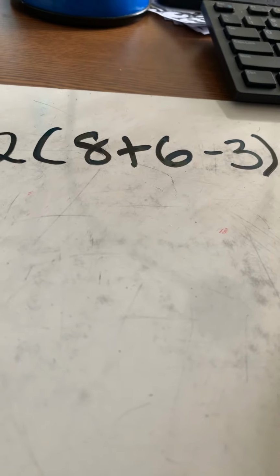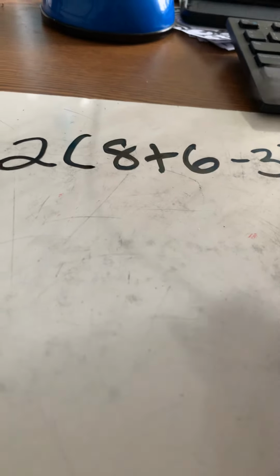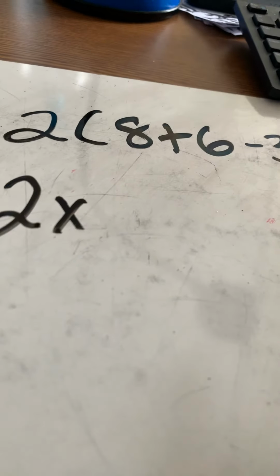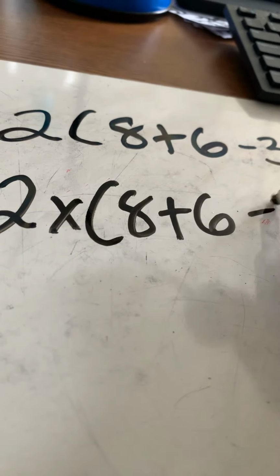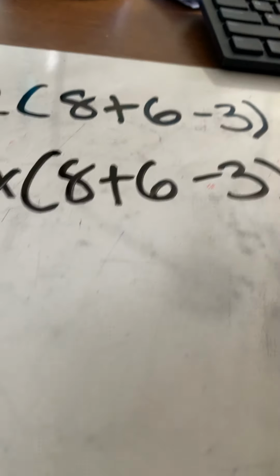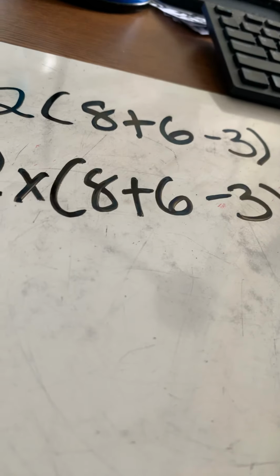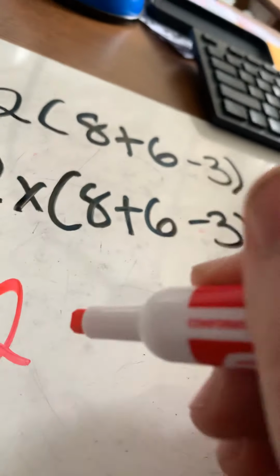Now, my first question to you is, what does this mean right here? All that means is you're just going to multiply whatever you finish with the parentheses times 2. 8 plus 6 minus 3. I've got to do my parentheses first, so I'm just going to bring down my 2 times.